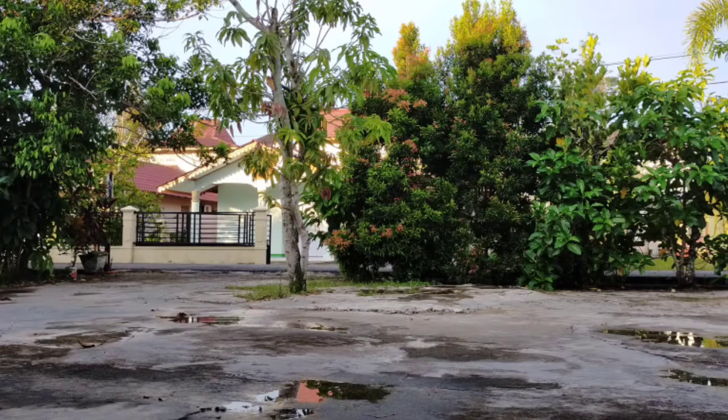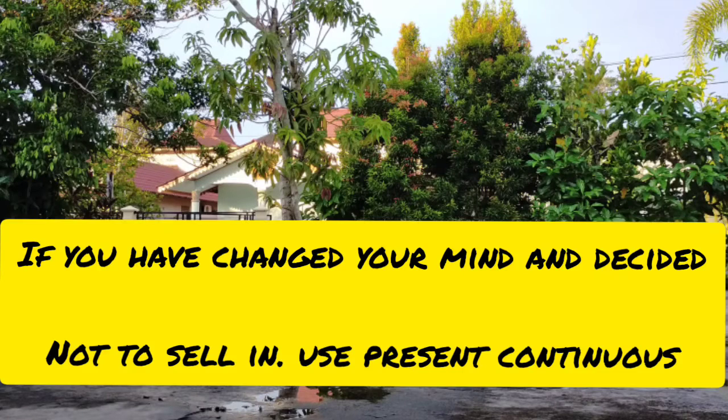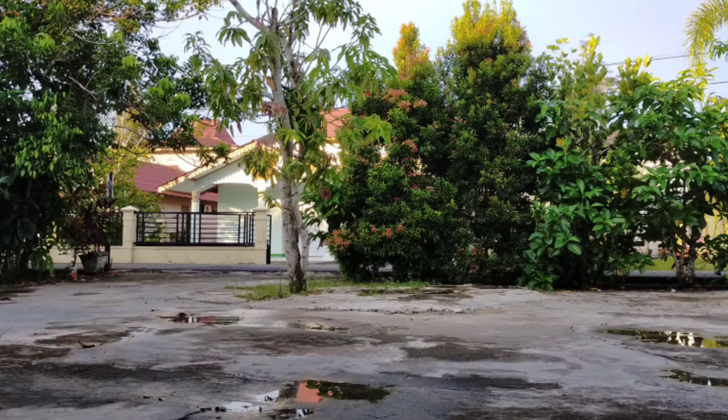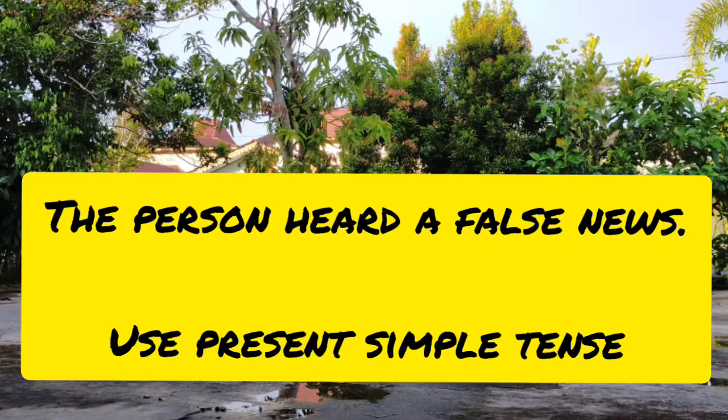Tense used. It depends. There could be several options here. The first case, if you mean you have changed your mind and decided not to sell it, then you should use present continuous. Second, if it never crosses your mind to sell the car and the person may have misheard it, you may use simple tense here. Simple present tense, I mean.